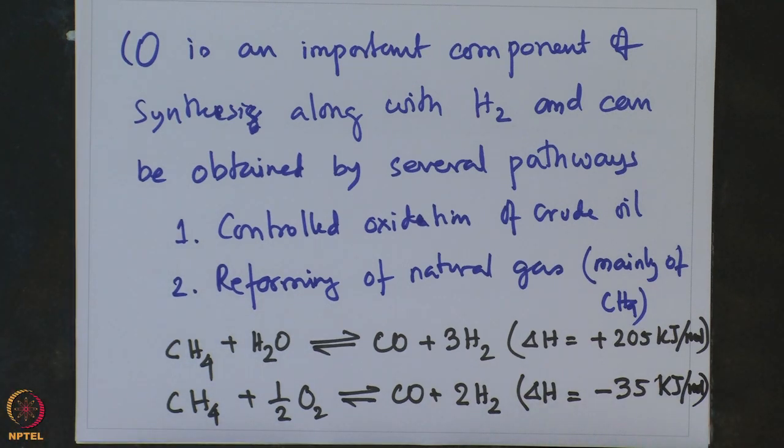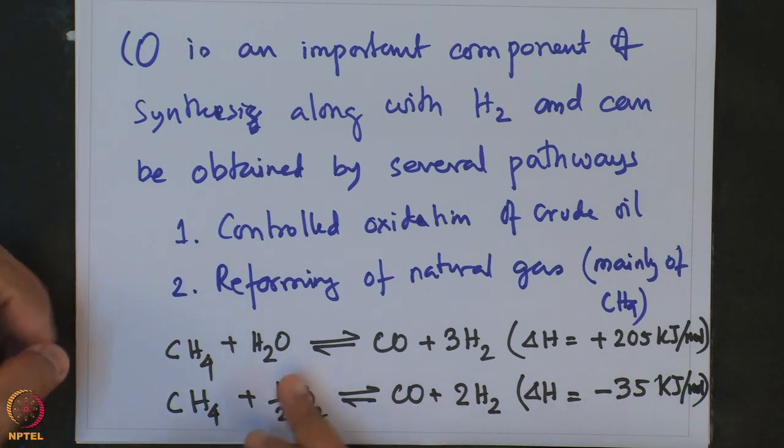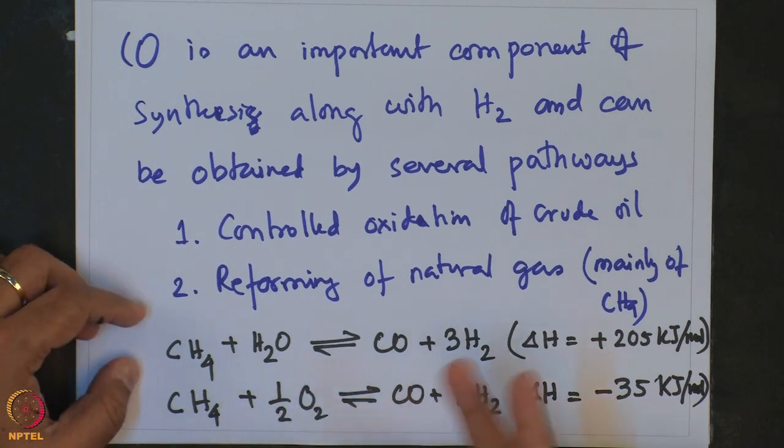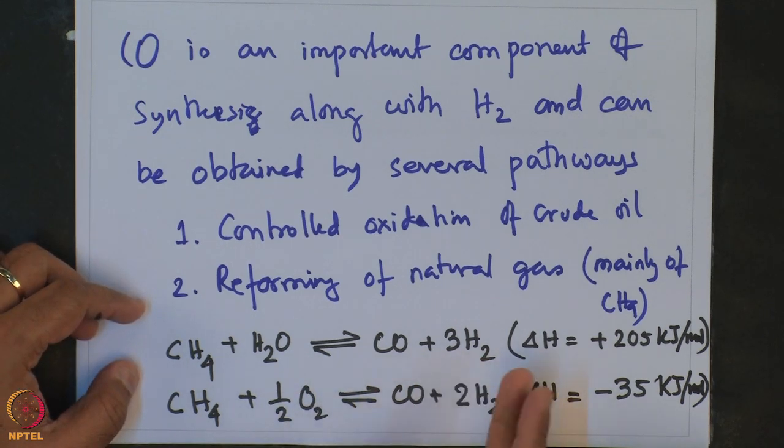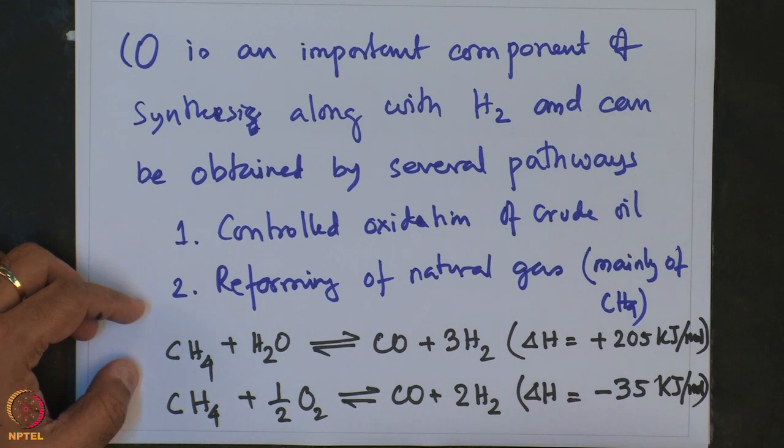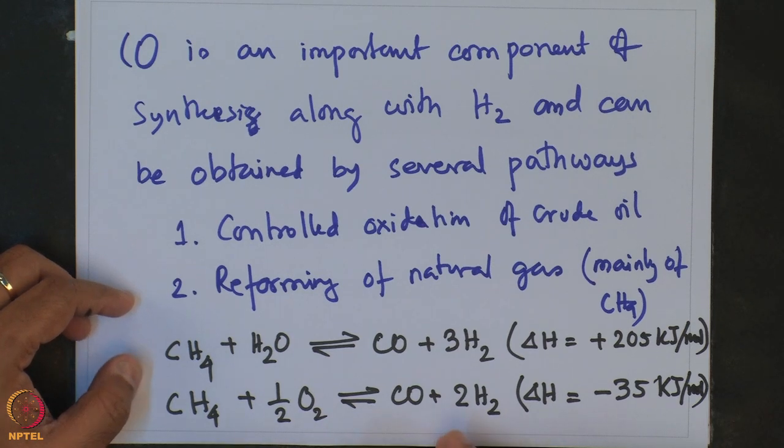Now, one can see that the reaction of methane with oxygen can generate carbon monoxide and hydrogen, which is nothing but synthesis gas, or direct oxidation of methane with oxygen can also give carbon monoxide and hydrogen.